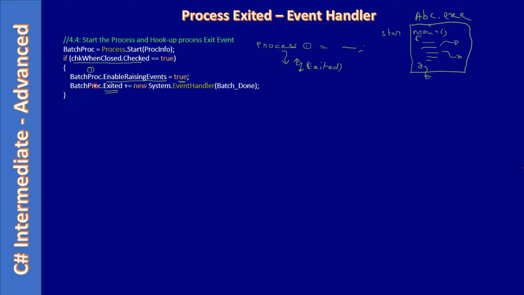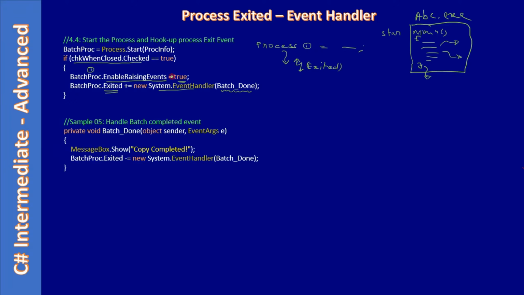Here we are stating batchProc.Exited equal to, we are hooking a handler function, and the handler function name is BatchDone. That means we have to write this method BatchDone, and here if you see, System.EventHandler, the Exited event, we are hooking that with a handler function.